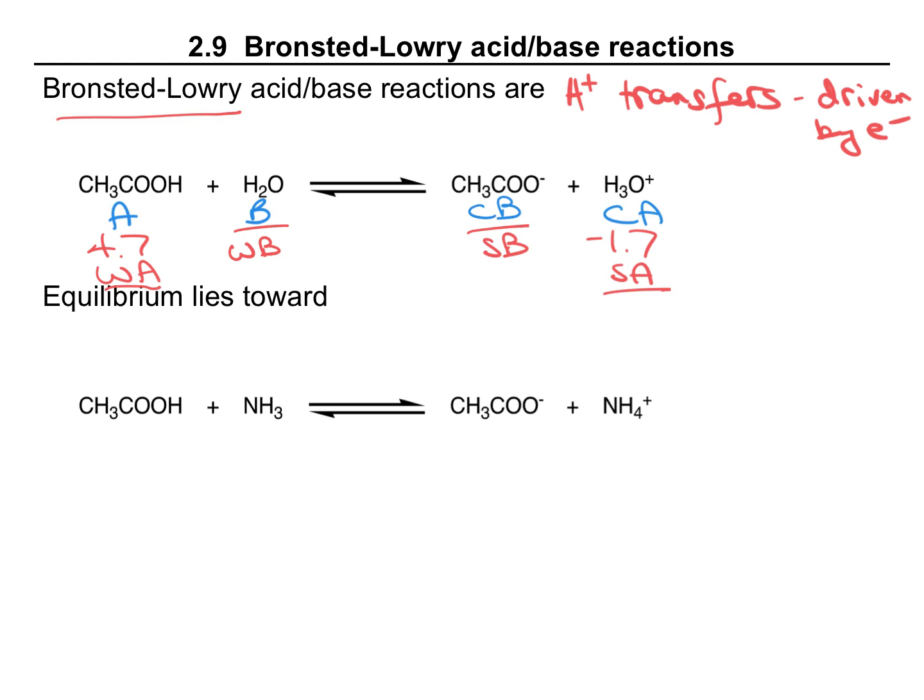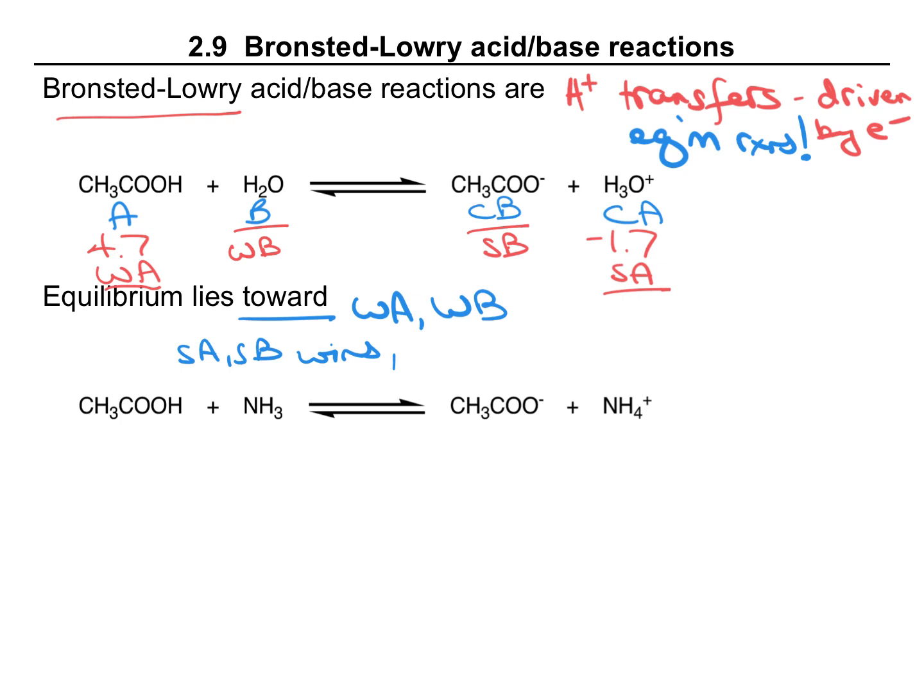Bronsted-Lowry acid-base reactions are equilibrium reactions, and the equilibrium lies toward the weaker acid, weaker base. Because it's a competition between the acids and the bases, the stronger acid, stronger base wins the competition, and so what exists is mostly the weaker acid and weaker base.